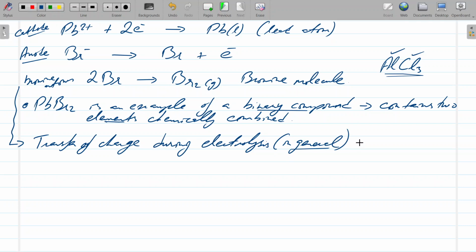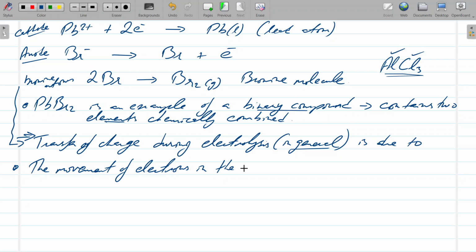is due to, something to keep in mind. The first thing is the movement of electrons in the metallic or the graphite electrodes.